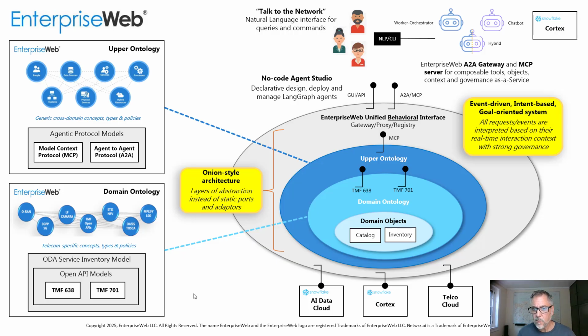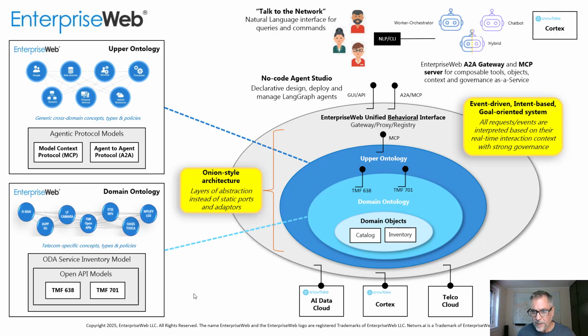So this is what gets us to these highly dynamic and contextual interactions that personalize user experiences, optimize transactions, and synchronize operations. And we do that all with strong governance. So through the unified behavioral interface, it's all going through role-based access control, attribute-based access control, strong security and identity management.